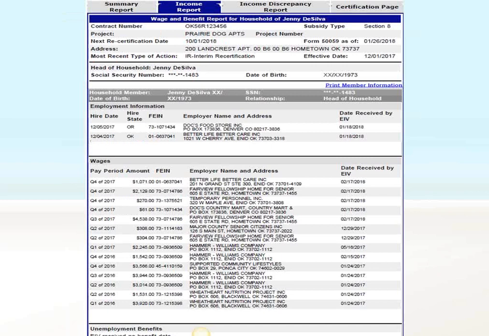I want you to draw a box around the quarters in the wage section that encompass your quarterly range. Remember, our quarterly range is what?